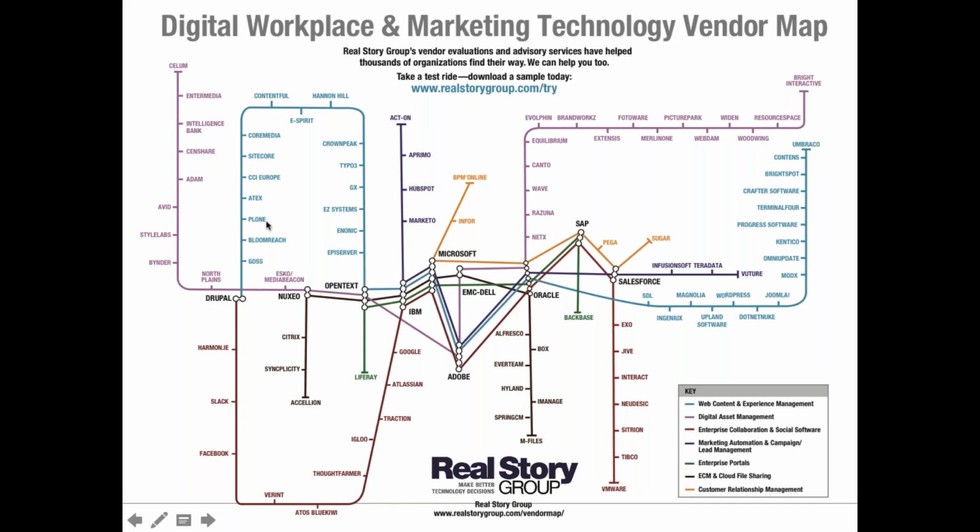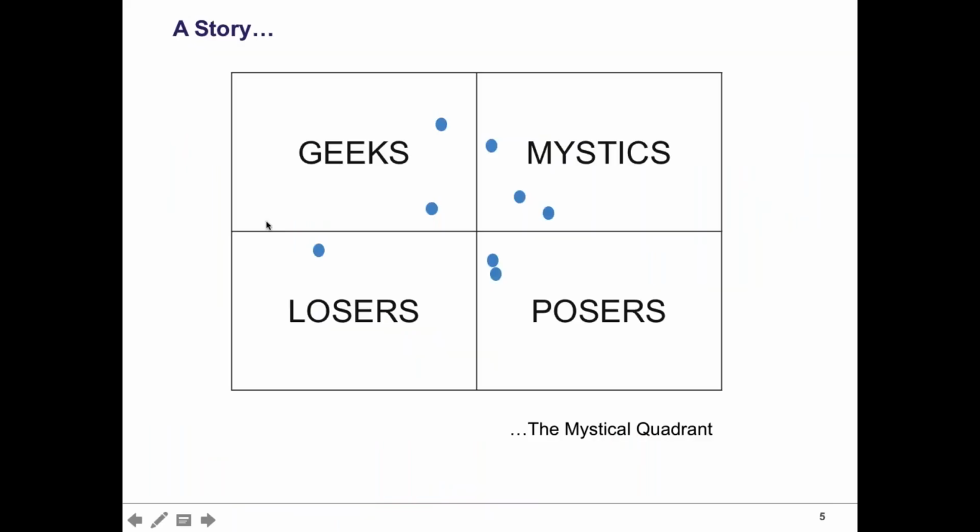Great, thanks, Scott. I'll start with a little bit of a story that I like to tell around technology selection. Some of you may have seen this slide before. It's a takeoff on the Magic Quadrant, which to be sure is kind of easy to mock, but I point it out because it was this quadrant that had me found Real Story Group, actually the predecessor company, CMS Watch.